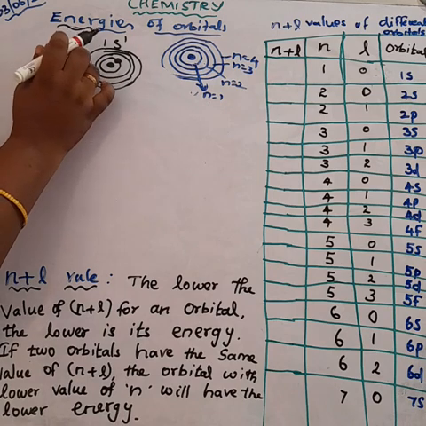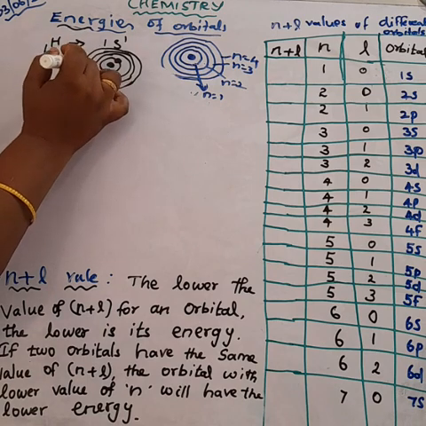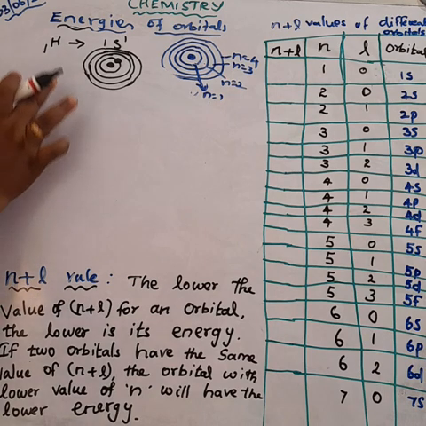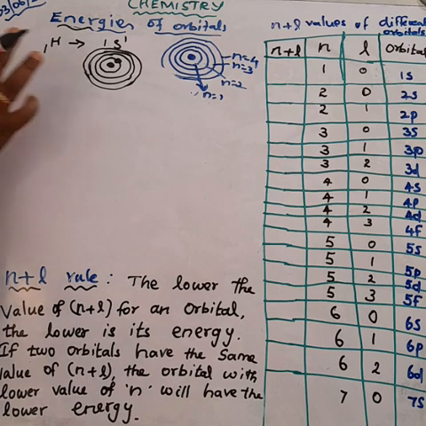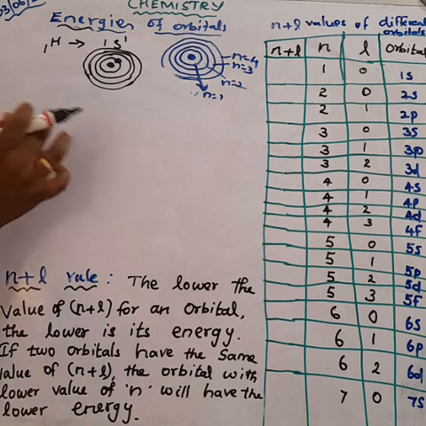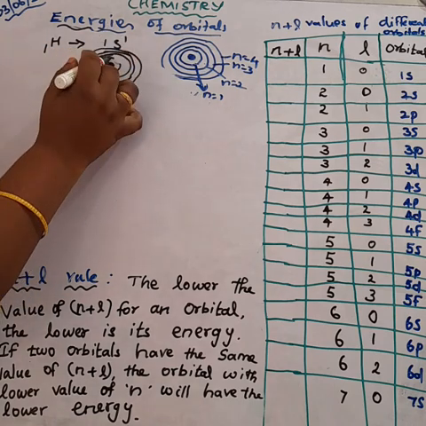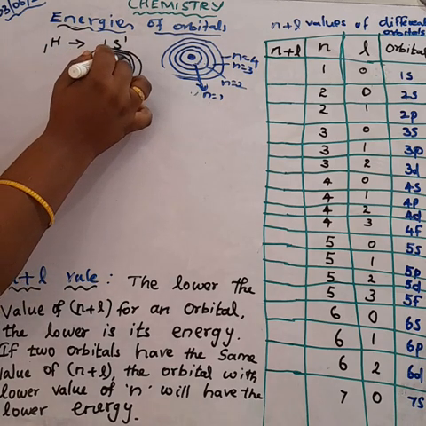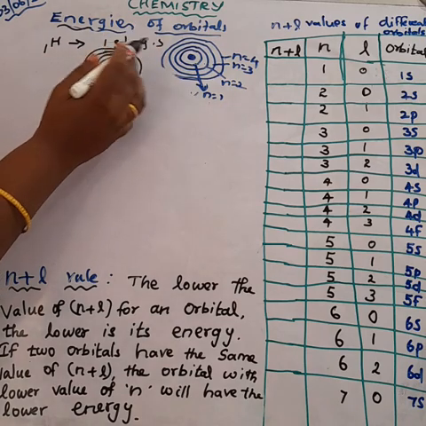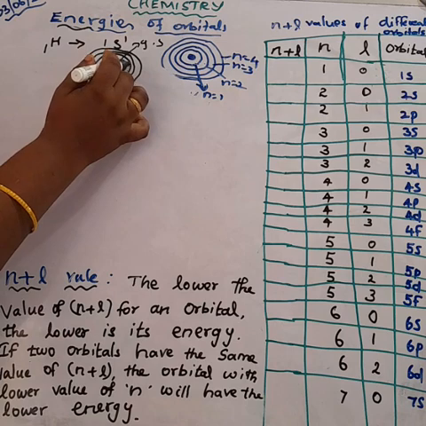This hydrogen atom is present in the first orbit, the first shell. This state we call the ground state. If it gains some energy, it will go to the second, third or fourth energy orbital.